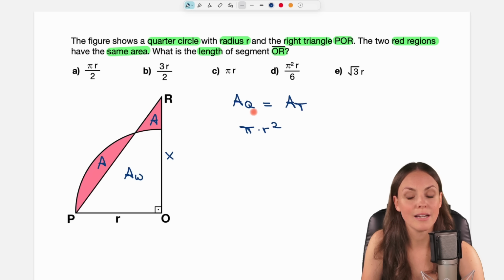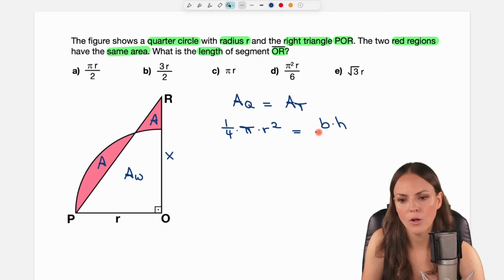But here we only have a quarter of the full circle, so we have to take a quarter of this formula. And on the other side, the area of a triangle, the formula is base times height over 2.